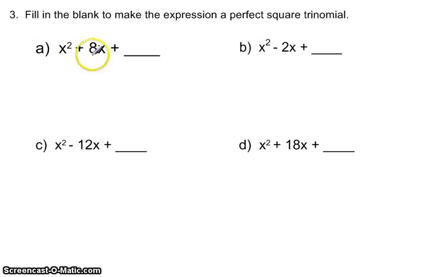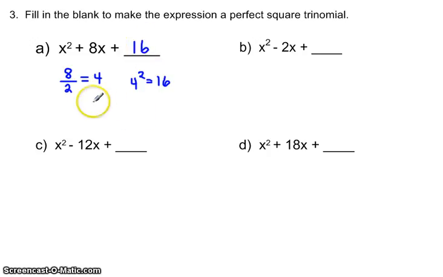We're going to take this b term, which is 8, and we're going to divide it by 2. That gives us 4. But now we got to take this 4 and square it. And we know 4 squared is equal to 16. So it has to be 16 here.